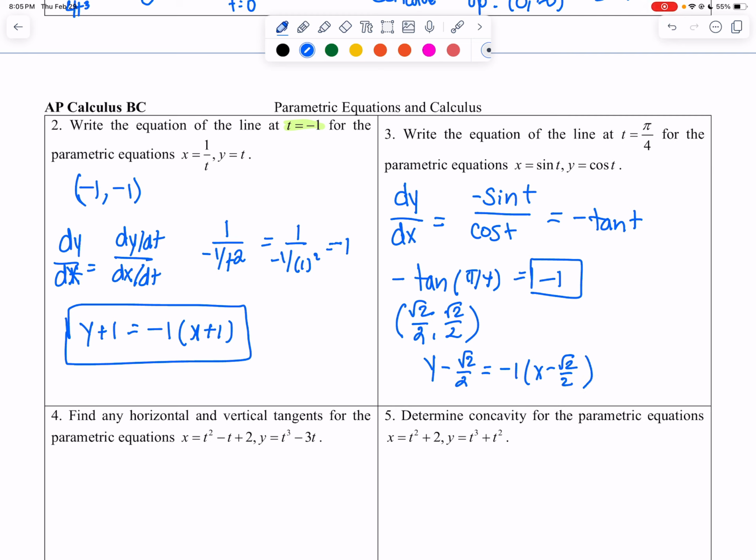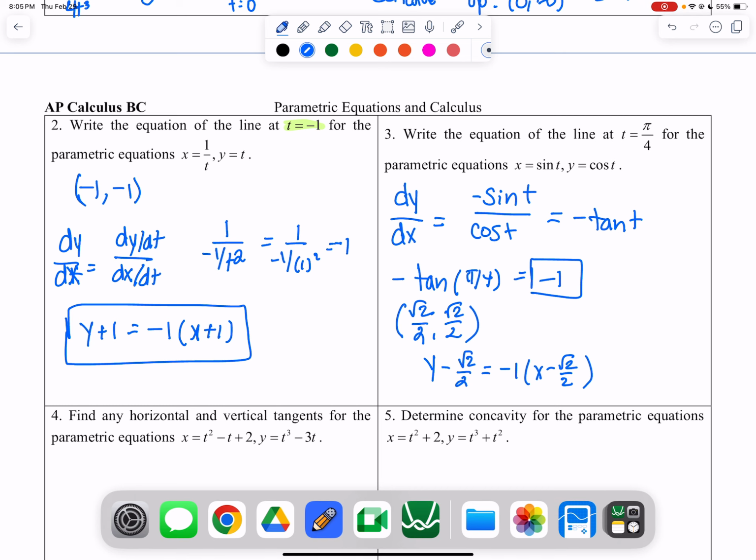Of course, I'm going to show that to you guys for number 3 so that you can see that that is the tangent line at pi over 4.